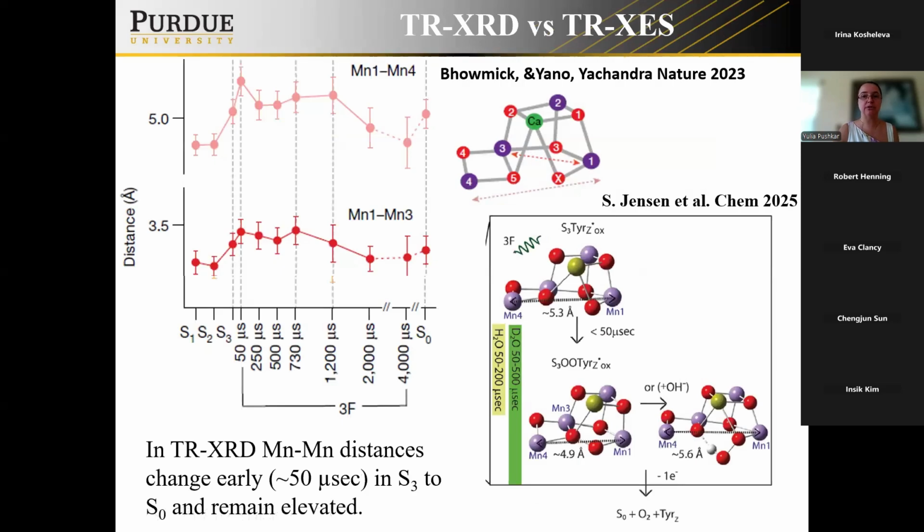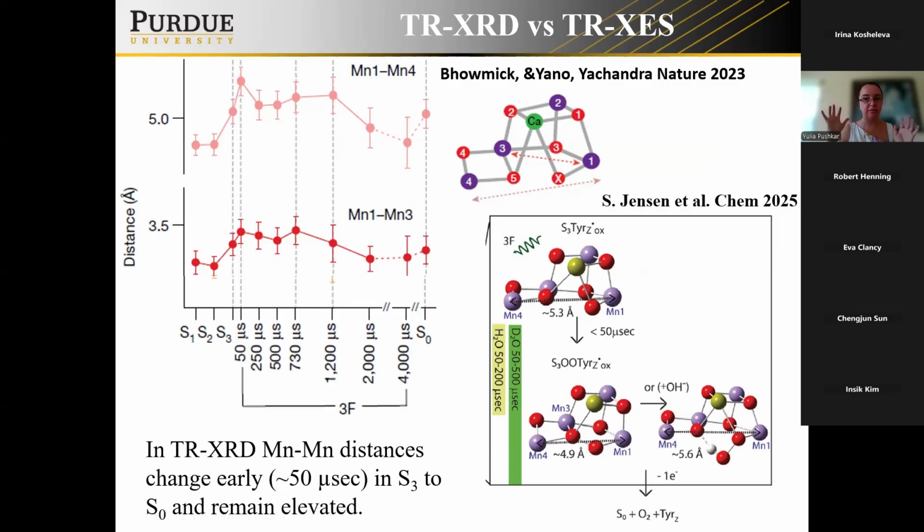So now, as I promised, to compare and contrast the latest. To the best of my knowledge, the latest is this Nature paper from 2023, which discusses the structural changes in the same time frames where we have spectroscopic data. Basically, this paper says that nothing happens until about 500 microseconds.